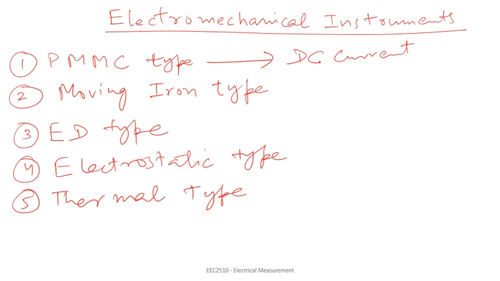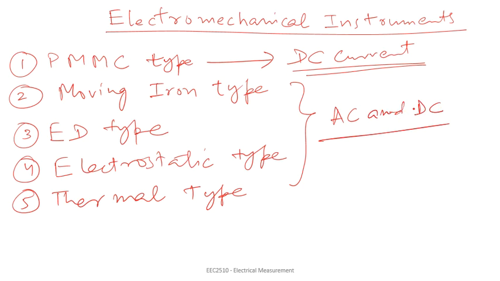So, it can only measure DC values, it cannot measure the AC values. Rest of all the instruments can measure AC as well as DC quantities. So, this is the first difference which you must know about the different types of instrument.